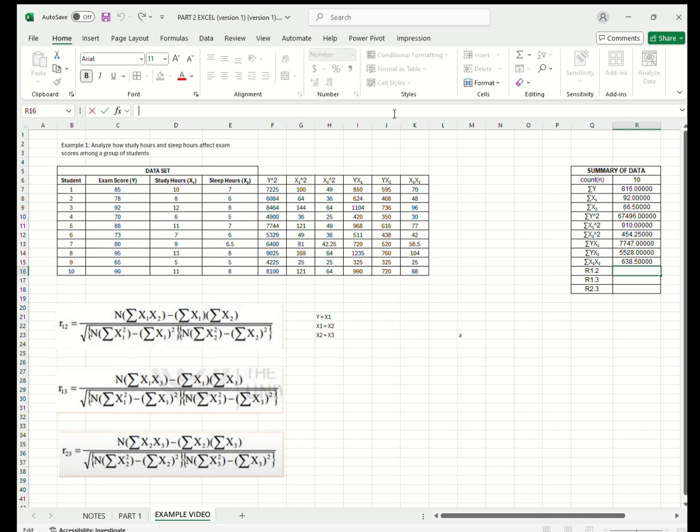So for the R1.2, we have the formula here.